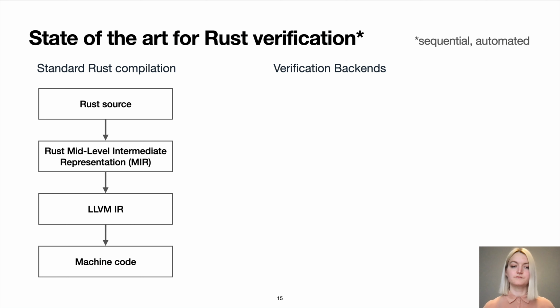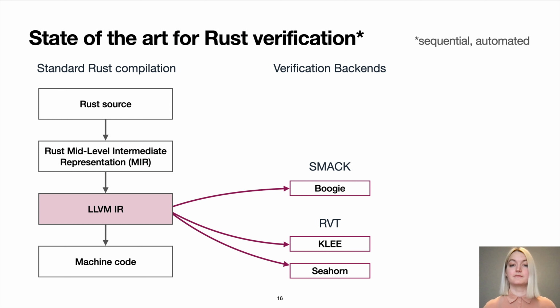Because Rust is a newer language, a lot of the verification projects focus on moving Rust to existing verification backends or frameworks. Because LLVM predates Rust rather substantially, a lot of projects focus on LLVM IR.